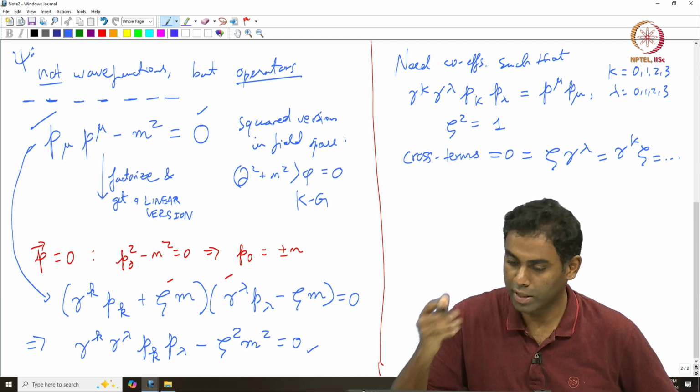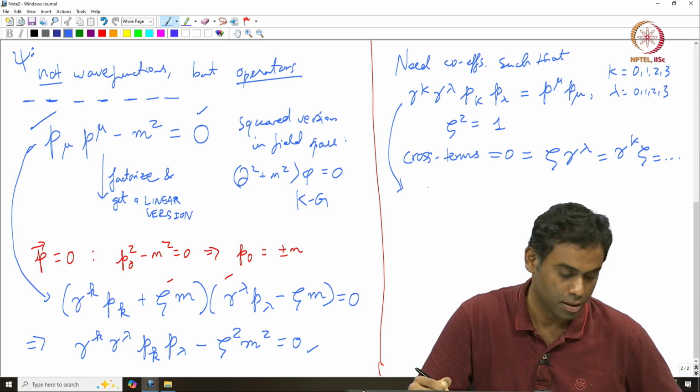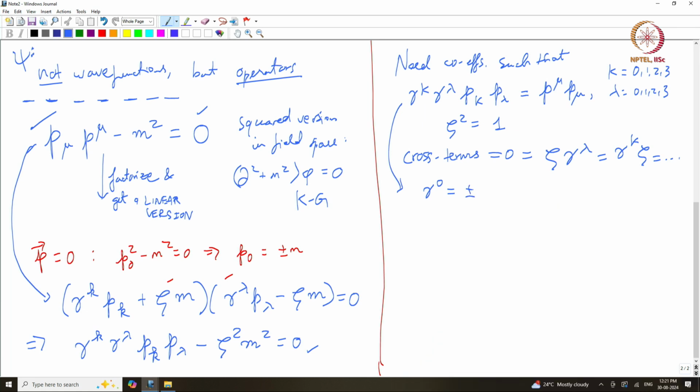So, for example, I can pick gamma 0 to be plus or minus 1, right, so that I get p0 squared equal to p0 squared. Then I have to pick gamma 1, gamma 2, gamma 3, all of this I can pick either plus or minus i.